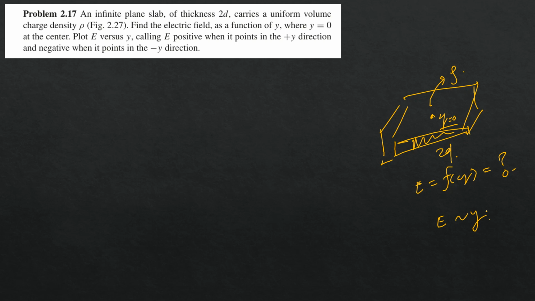This is a question to think about a bit. Uniform volume charge density here. This is the slab, infinite plane slab of thickness 2D. Electric field E dot ds as usual is equal to rho dV by epsilon naught, isn't it?